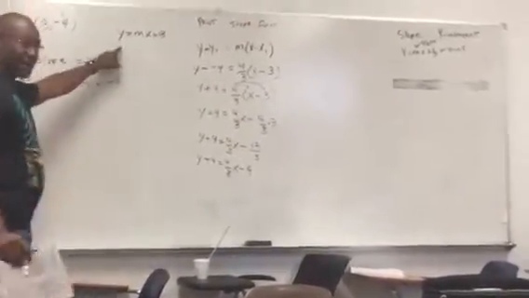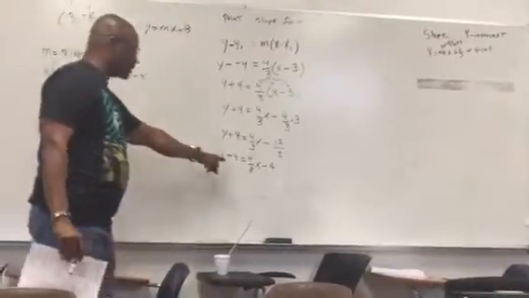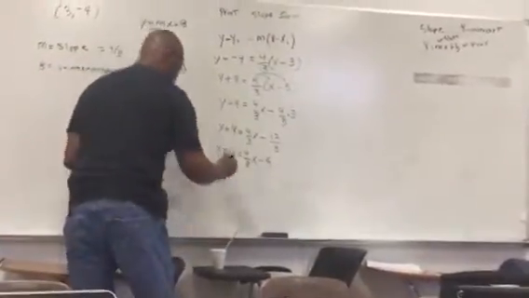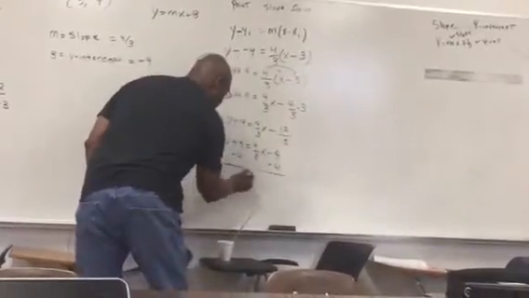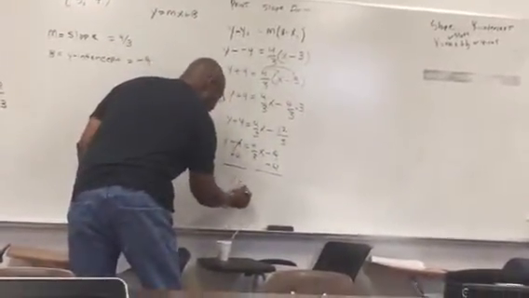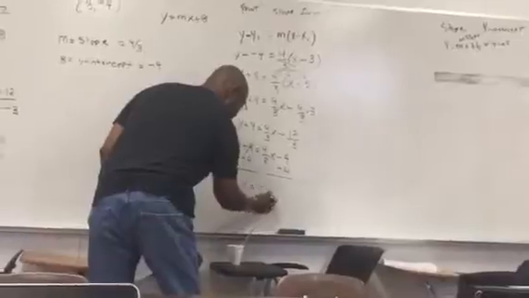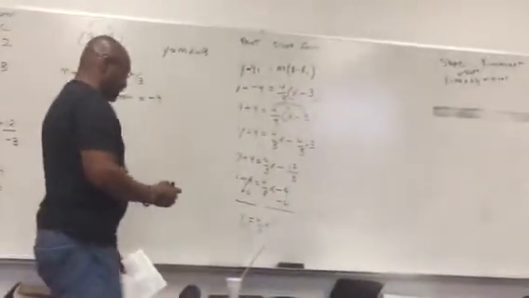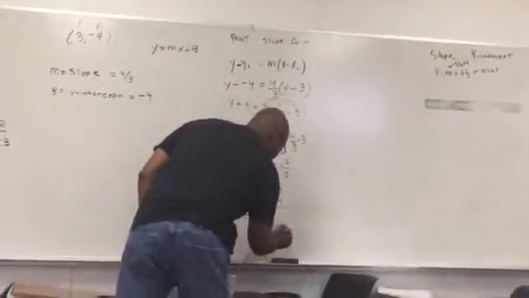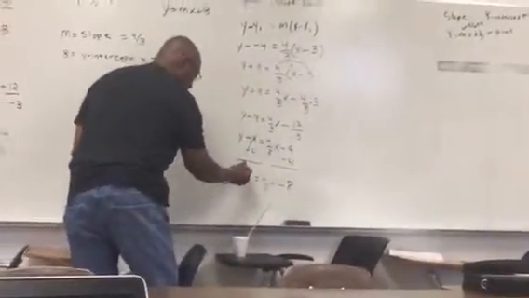I have to have y all by itself. So you have to subtract 4. Minus 4 here, minus 4 here. This cancels out. Y is equal to 4/3 x, -4 plus a -4 is -8. So this is the equation.